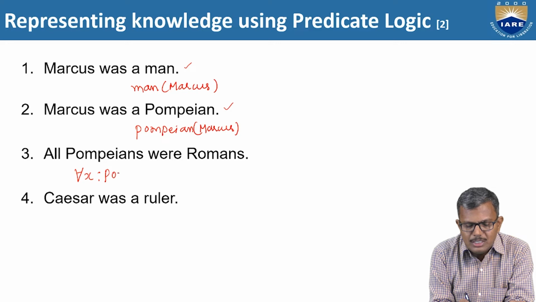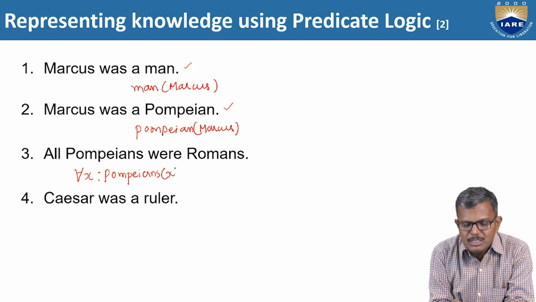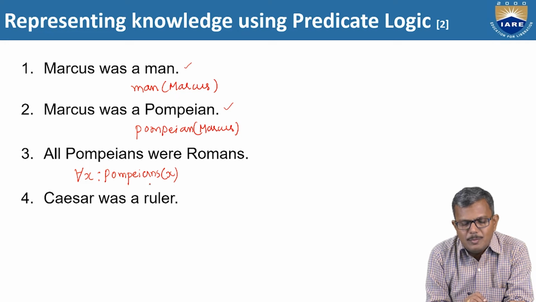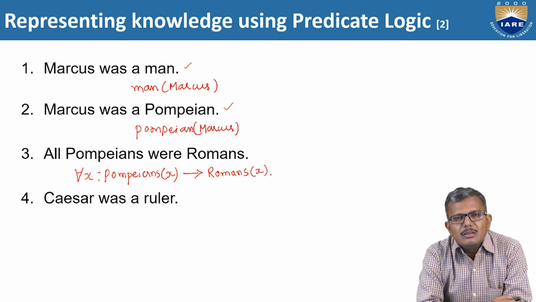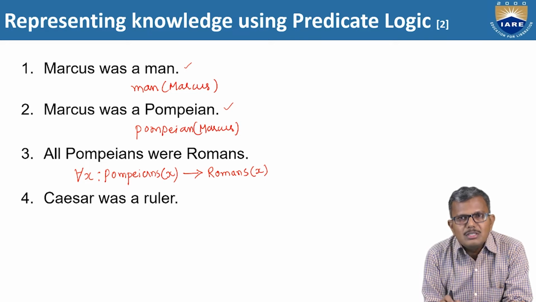So I have to represent it in this way: Pompeian of x, where x represents the Pompeians. Who are these Pompeians? These Pompeians are Romans, right? So this will be the way we are going to represent all Pompeians were Romans in predicate logic.